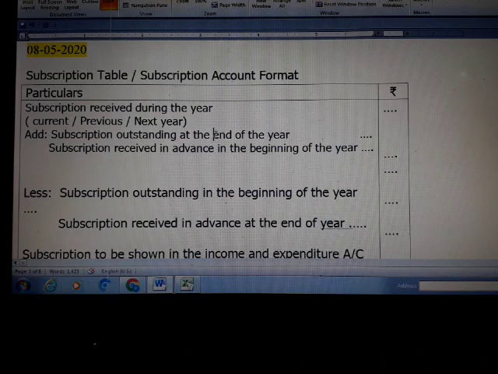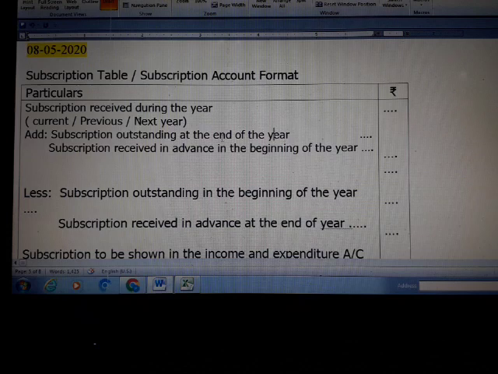End of the year here means the current year. As in the example, we are working for 2019-20, that is, 1st of April 2019 to 31st of March 2020. Whatever amount stands as outstanding during this year will be added to the total subscription received during the year.